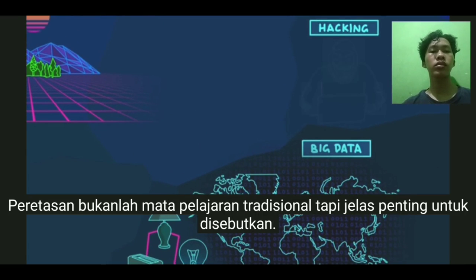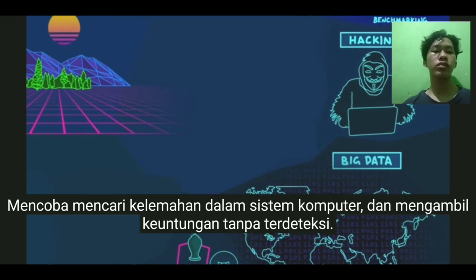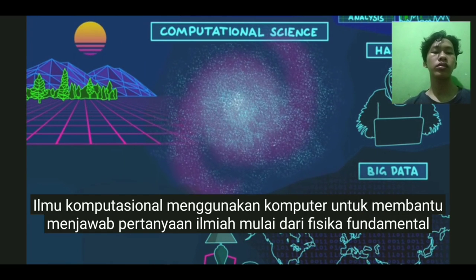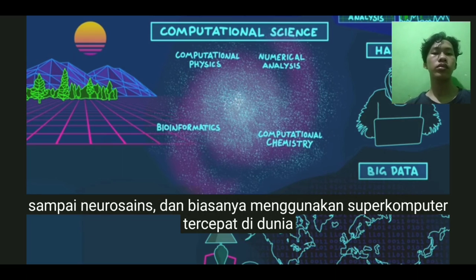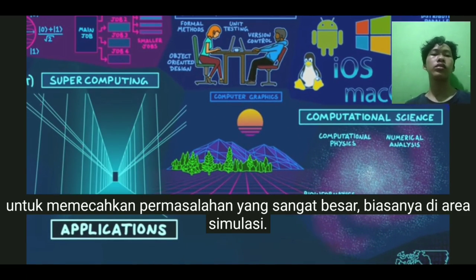Hacking is not a traditional academic discipline, but definitely worth mentioning, trying to find weaknesses in computer systems and take advantage of them without being noticed. Computational science uses computers to help answer scientific questions, from fundamental physics to neuroscience, and often makes use of supercomputing, which throws the weight of the world's most powerful computers at very large problems, often in the area of simulation.